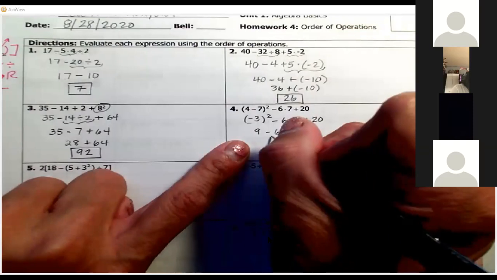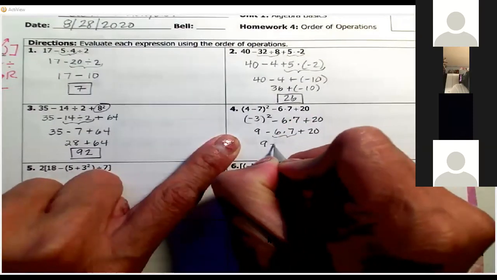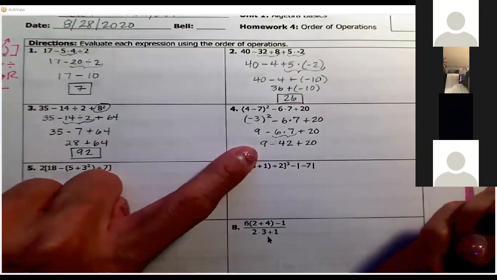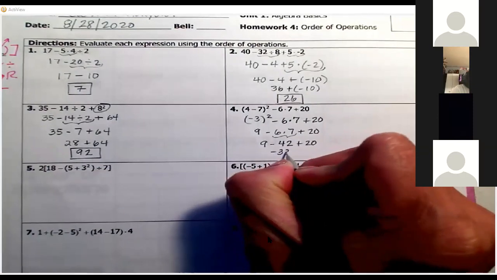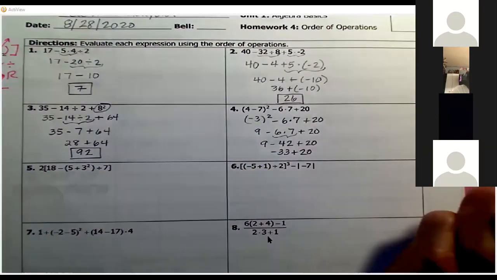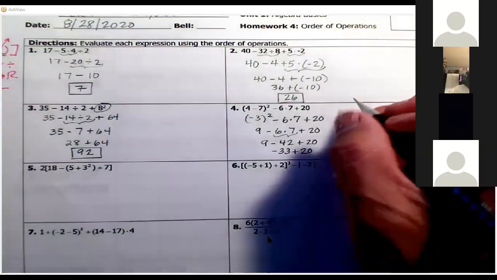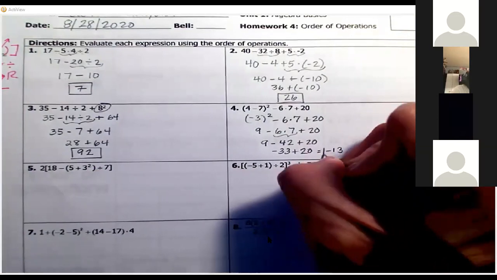Now, I'm going to do my multiplication next. So 9 minus 42 plus 20. 9 minus 42 is going to be negative 33 plus 20. This is going to be negative 13.